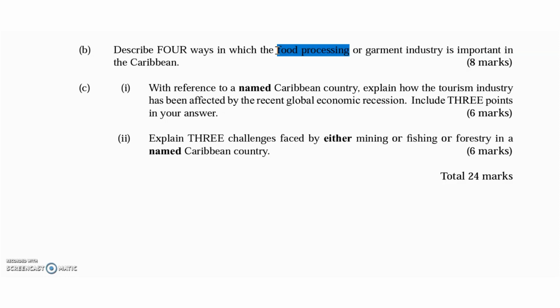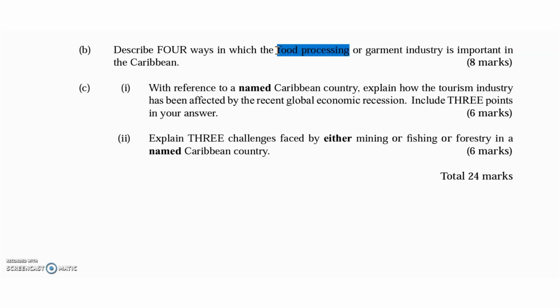The food processing industry would add recognition to that country, given that the exports of the said products would be disseminated from the home country to any given regional or perhaps international regions. If the product is of high standard or high quality, obviously that country would be given a great degree of recognition.